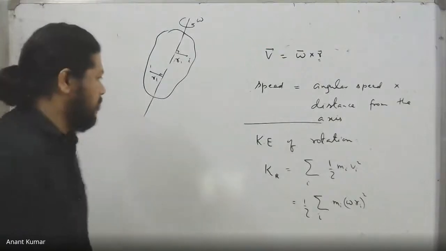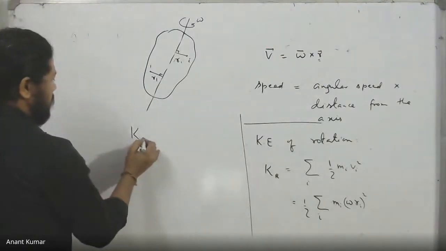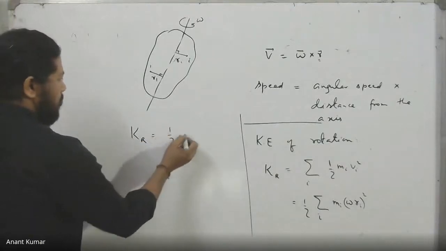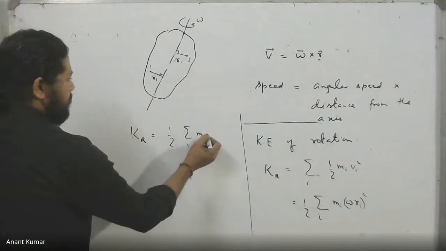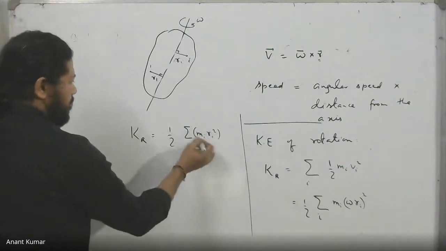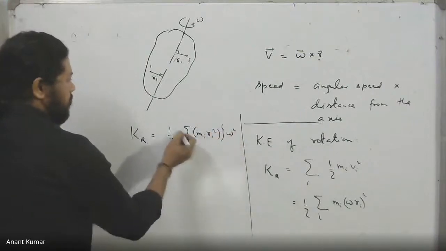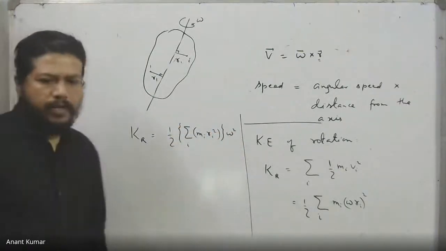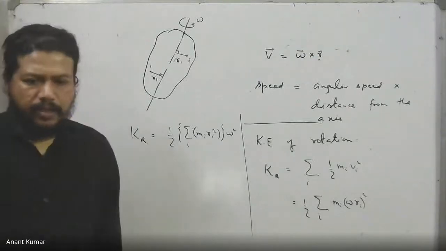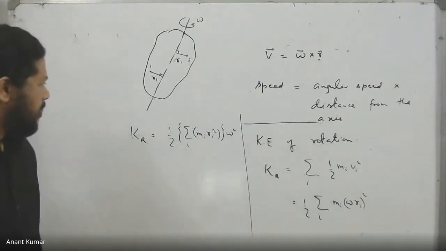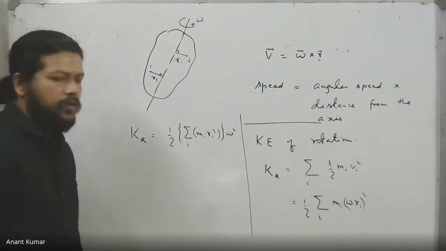So this transforms to half, and I'll just take this common and keep omega square separate. Omega is a constant, same for each particle, so I pull it out of the summation to end up getting half into summation of mi into ri square, into omega square.